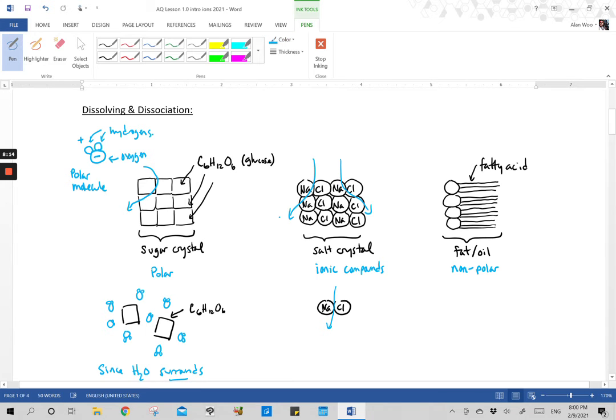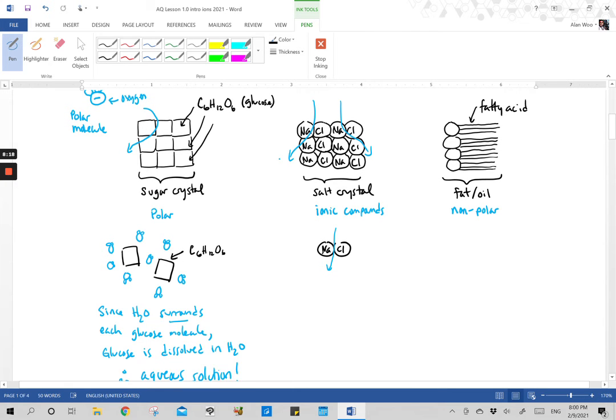what ends up happening is that you get Na forming an ion and Cl forming an ion. And each one of these ions is again surrounded by water. But this time the water molecules are arranged in a very particular way.